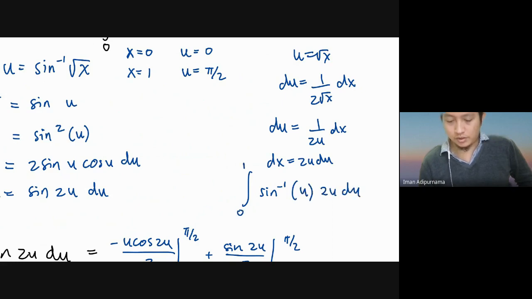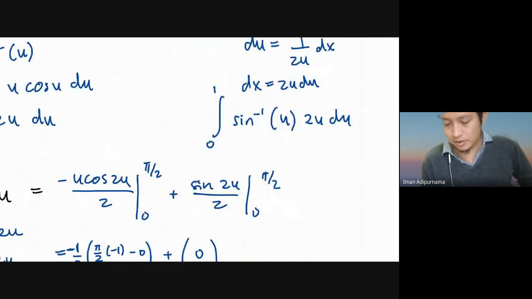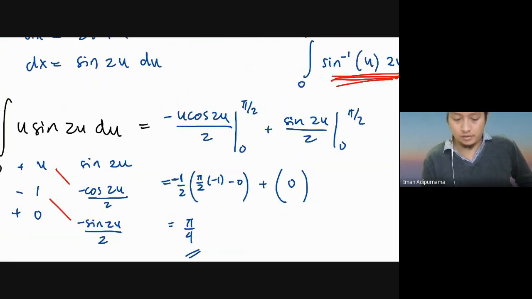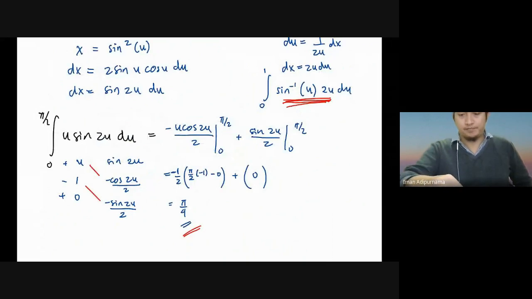Still it's 0 to 1, because nothing changed in the endpoints from here. You can still do some integration by parts if you want from here, but it's a little bit more complicated than this one. The result will be the same, pi over 4. Okay.